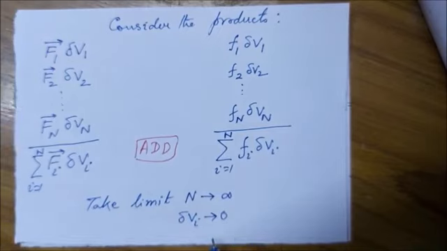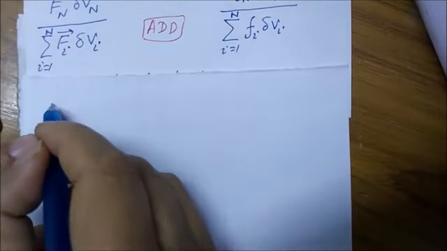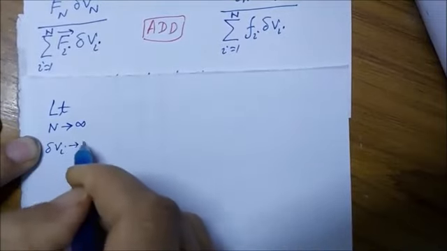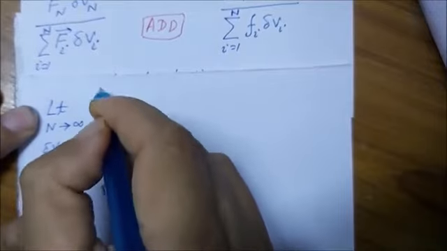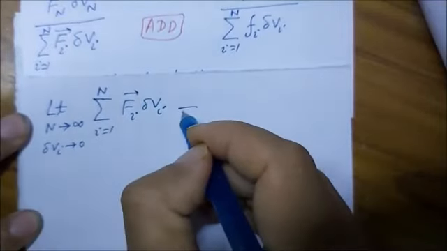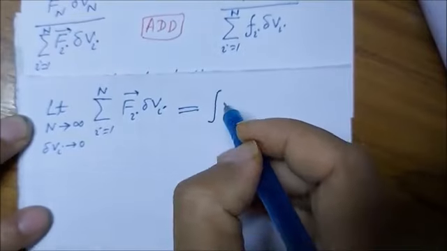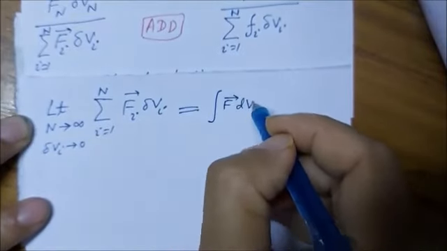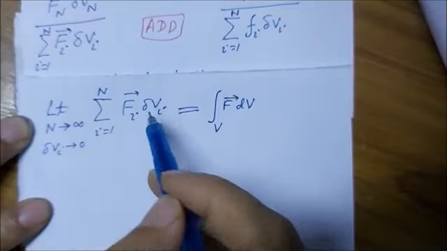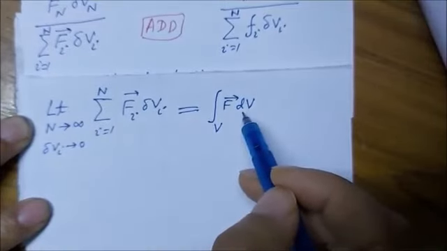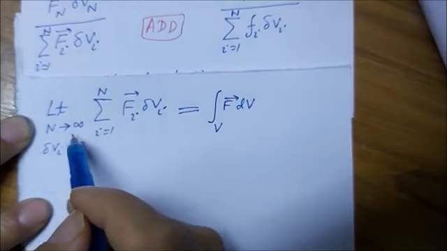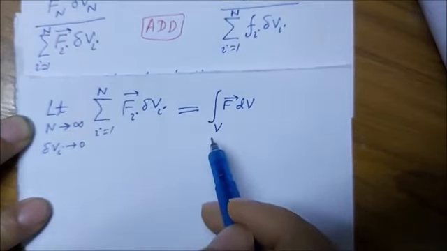So in the limit, we are left with, from this one, this is by definition where this finite volume converts into volume element which is infinitesimally small, and since counting is no longer possible as n is infinity, summation is replaced by an integration sign.